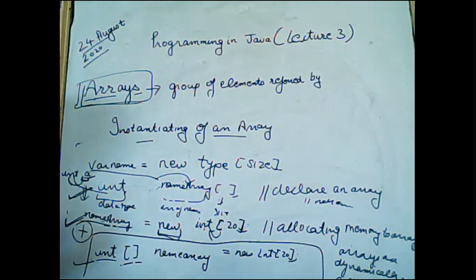Suppose there are 50 students in a class, that means the class must have a capacity of 50 students, so we must have 50 tables and chairs in that class. So we are allocating memory to the array elements for that class. The same goes for arrays: arrays are dynamically allocated, so for every size we require, we allocate some memory to that array.